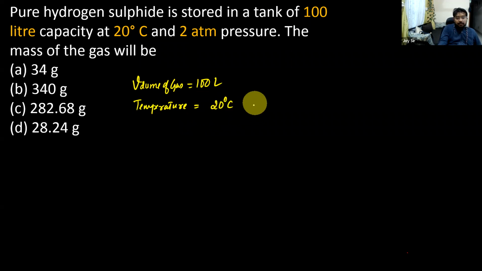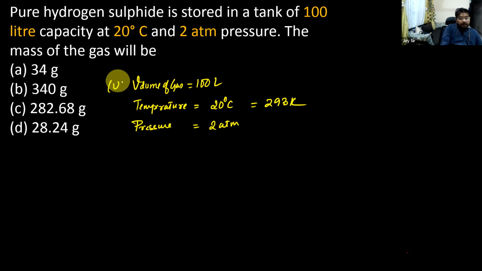That is equal to 293 Kelvin. Just add 273 to convert it to Kelvin. Kelvin में convert करने के लिए सिर्फ हम लोग को 273 से add कर देना है. That's all. Pressure of the gas, how much? Pressure of the gas is 2 atm. Very simple. This is the volume, this is the temperature, and this is the pressure.